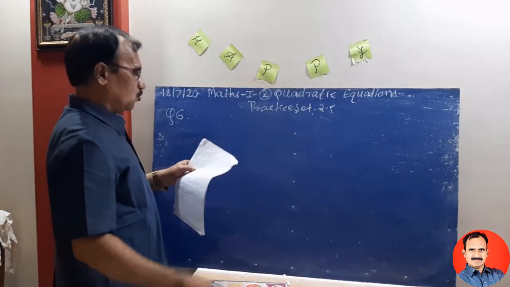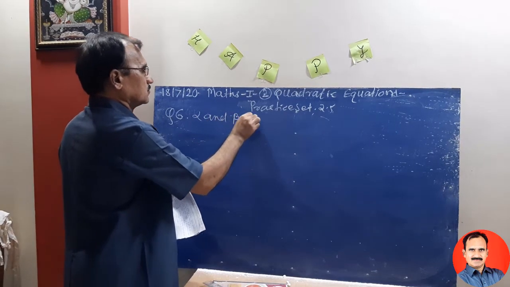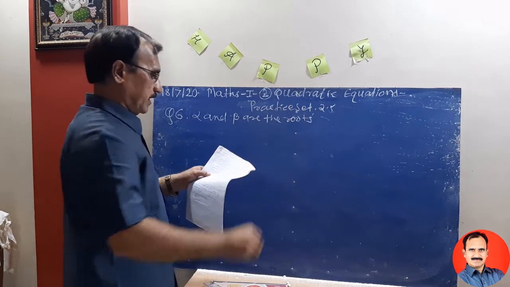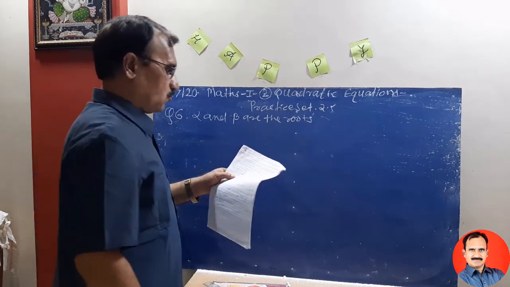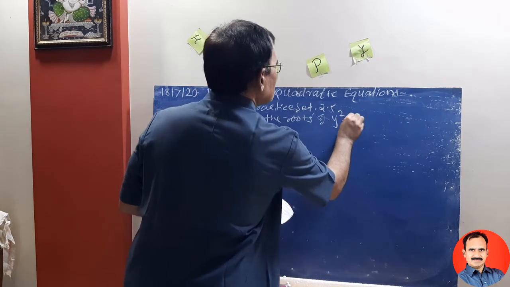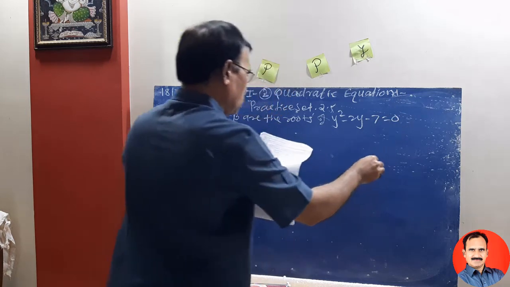Alpha and beta are the roots of y square minus 2y minus 7 is equal to 0.